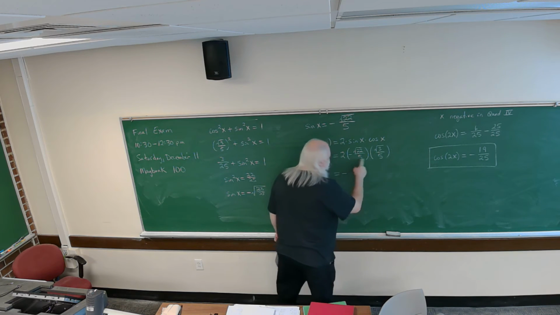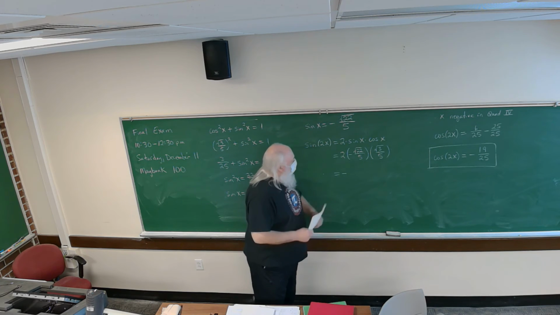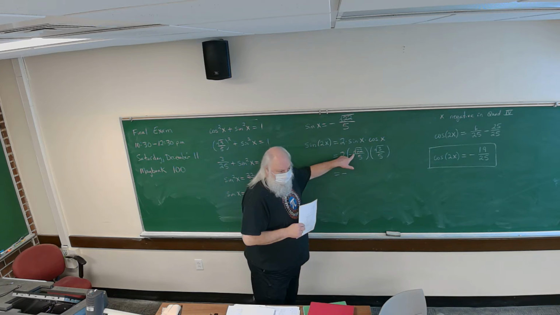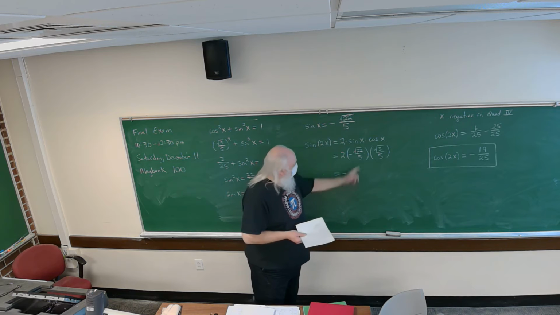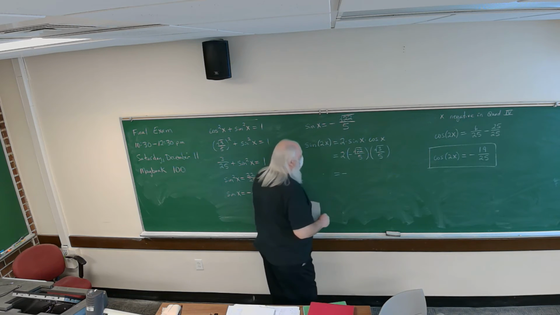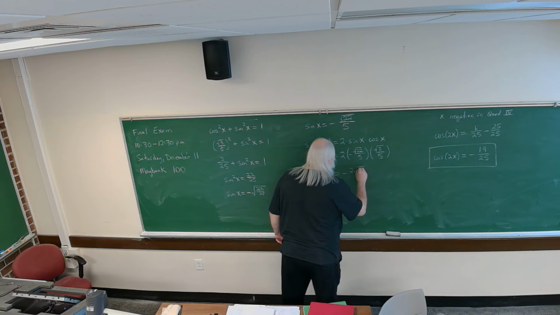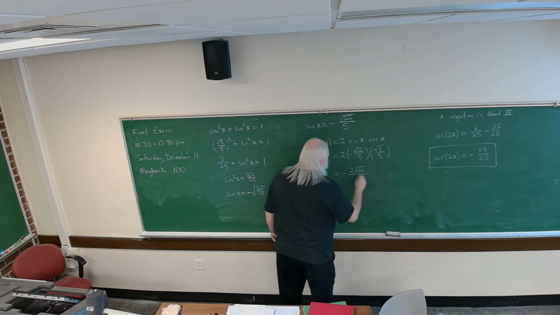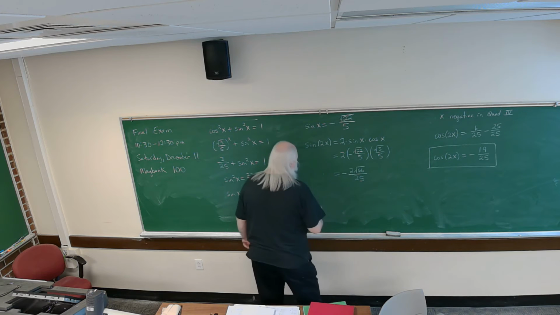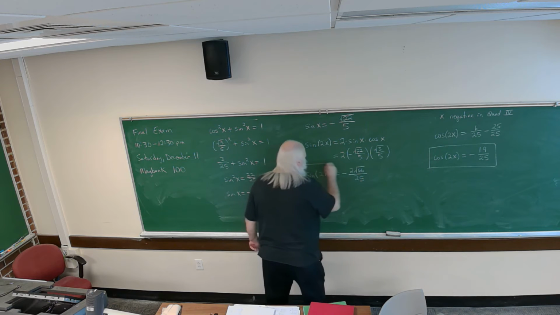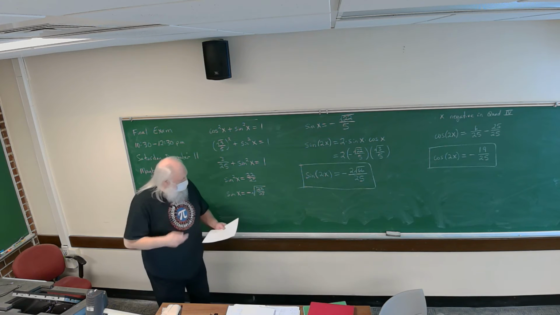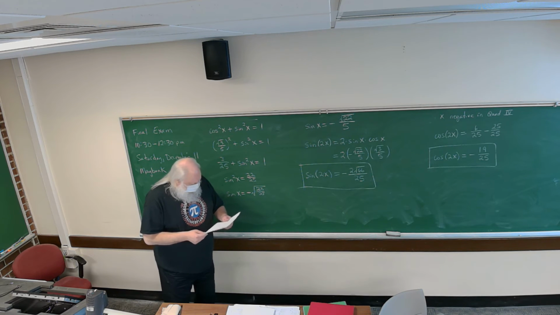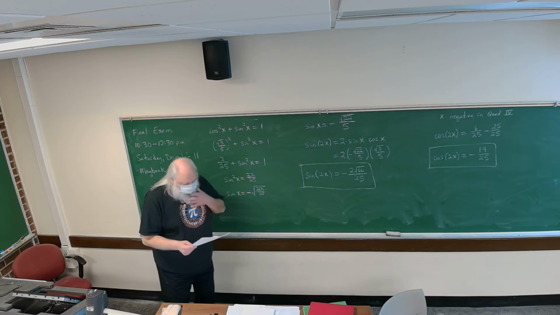So positive times negative times positive is negative. Now 22 is the same as 2 times 11. So root 22 times root 3 can be written as root 66, right? 22 times 3 is 66. So we have 2 times the square root of 66, and then 5 times 5 is 25. So the sine of the angle 2x is equal to minus 2 root 66 over 25.